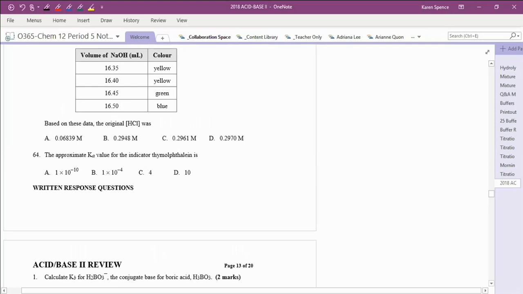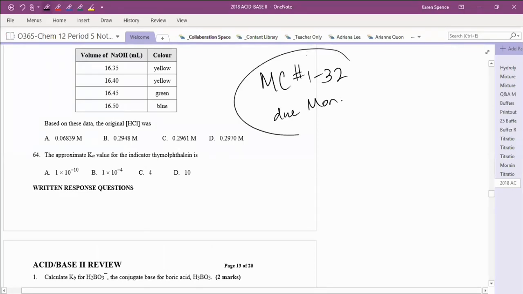So 32 multiple choice questions. Are we good with that? Multiple choice number 1 through 32, and that'll be due on Monday. And again, on Monday, we're mainly just going to go over these. This is sort of a review week for all the acid-base part 2 stuff.